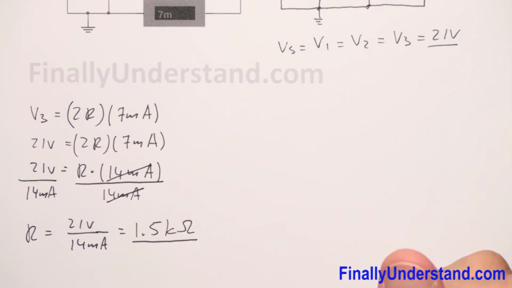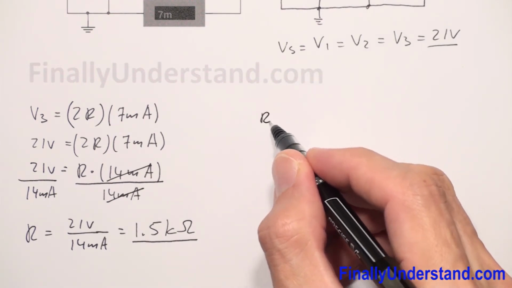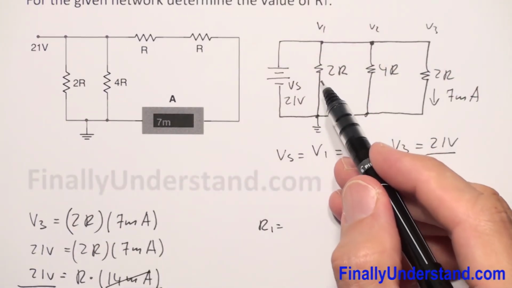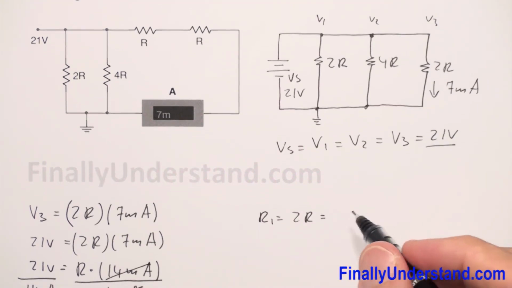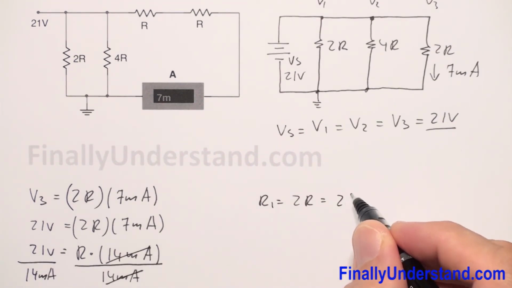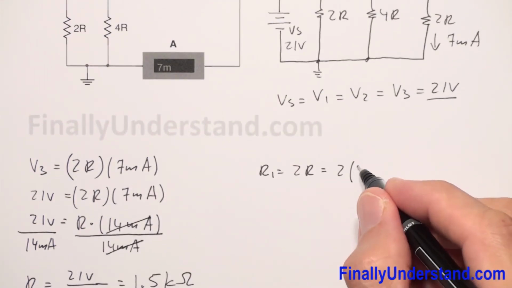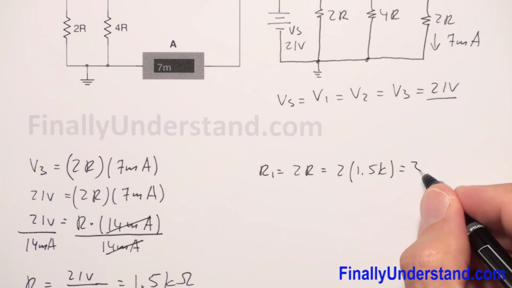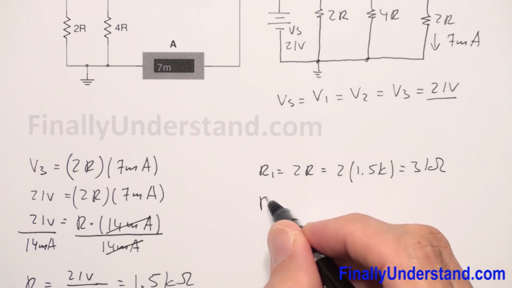So right now I can say that my R1, this resistor, R1 is equal to 2R. So 2 times 1.5K is going to give me 3 kilo ohms. Next, I'm supposed to find R2.